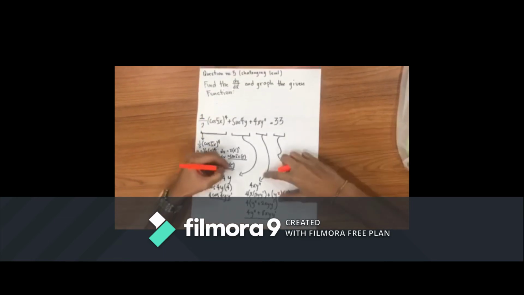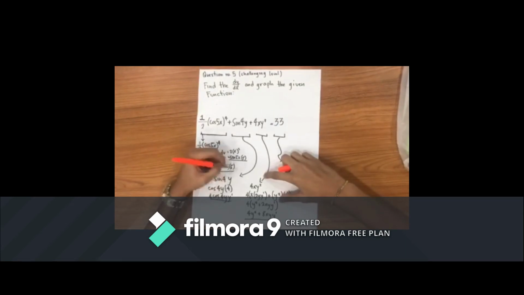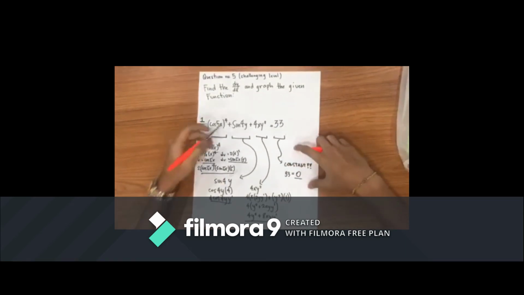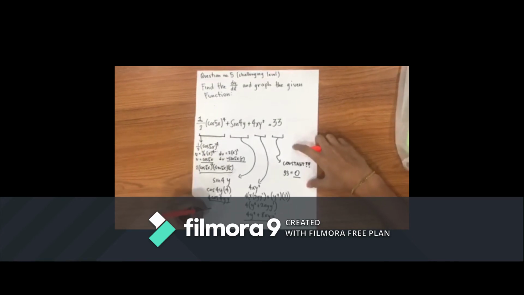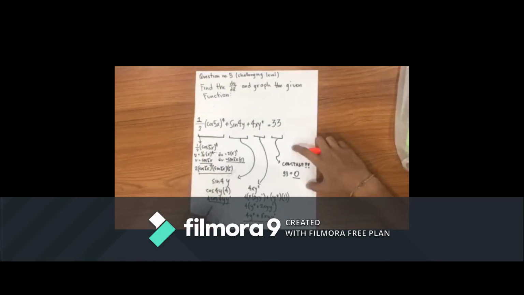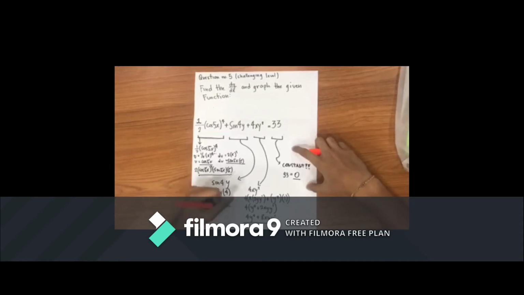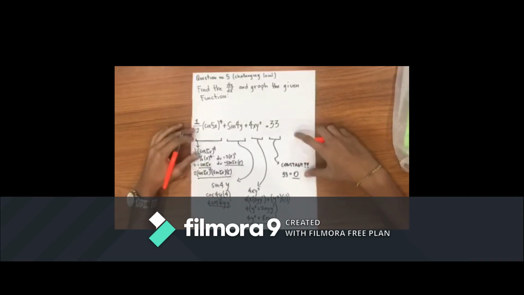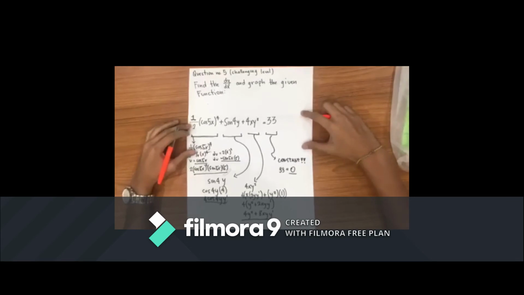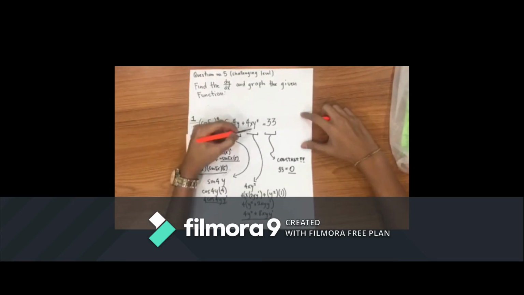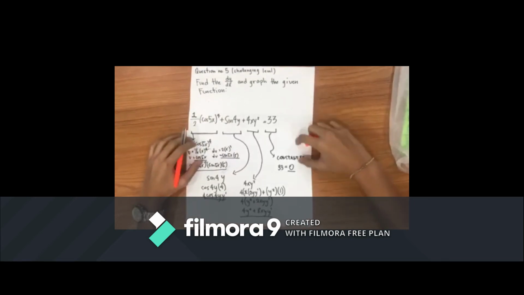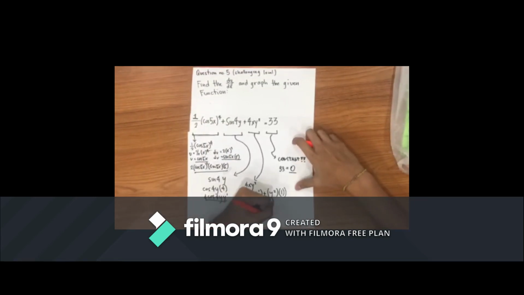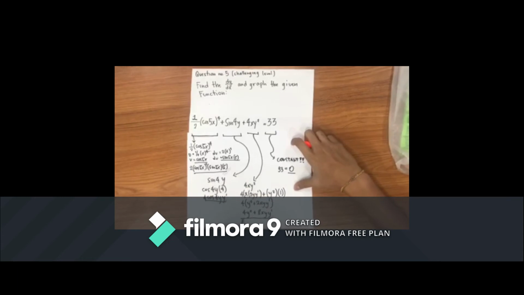So this is going to be our new function, and for the sine of y we just derive it. It equals 4 cos 4y y prime. So y prime is also called dy over dx. For the 4xy, we're going to use the product rule in order to derive it, so the derivative equals 4y squared plus 8y y prime.